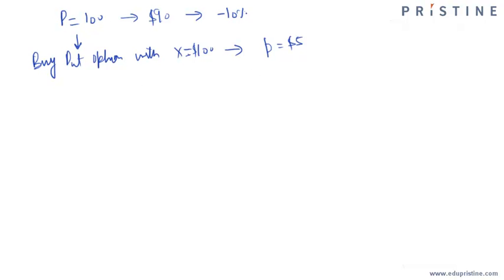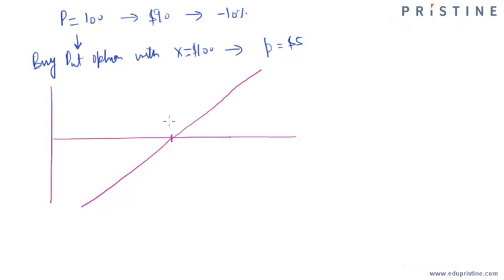All right, now this problem reduces to the resultant payoff of two instruments. Here I have one instrument which is the stock itself, so it has a linear payoff. This is $100, and I am buying a put option with a strike price of $100. So this would be somewhat like this. Now the idea is to find the resultant payoff.